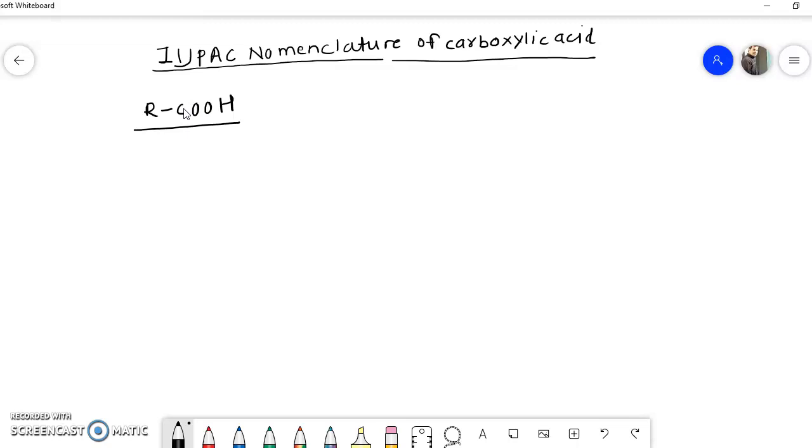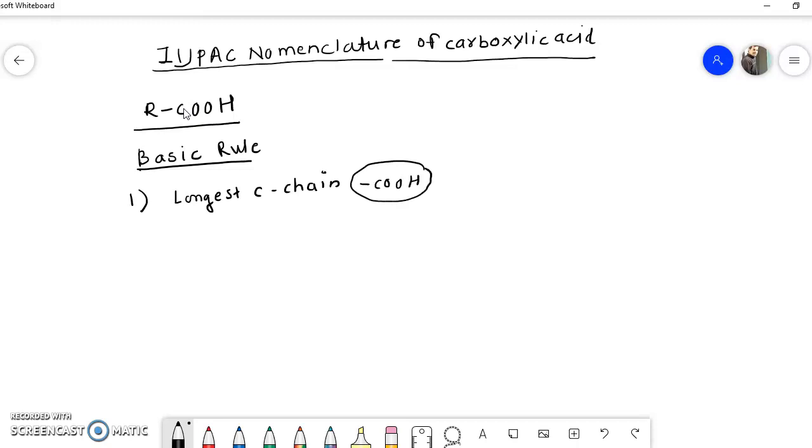Now, if we consider the basic rules of nomenclature, the first rule is to select the longest carbon chain. This longest carbon chain should contain the COOH group. After selecting it, we have to number this longest carbon chain.